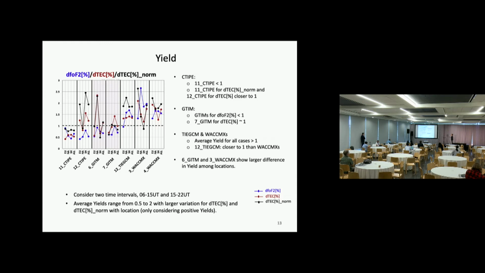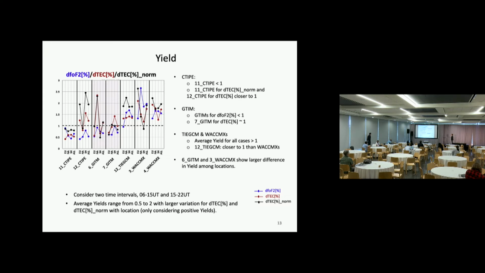The old version of CTB is kind of underestimated, so this yield is less than 1. And for this quantity, the old and new versions are close to 1. And also here for GTM, the new version is kind of better for this percentage change in terms of yield.